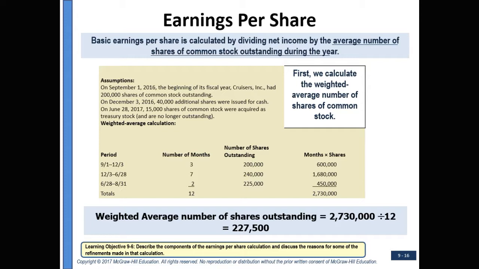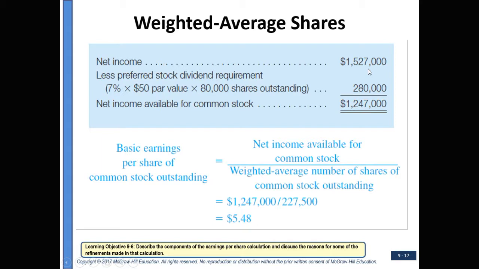Once we know the weighted average number of shares outstanding for Cruisers Incorporated, then we start with net income. We reduce net income by any preferred stock dividend requirement.